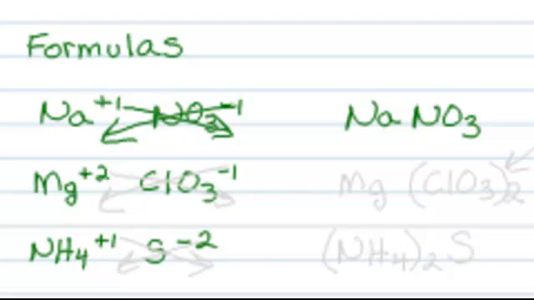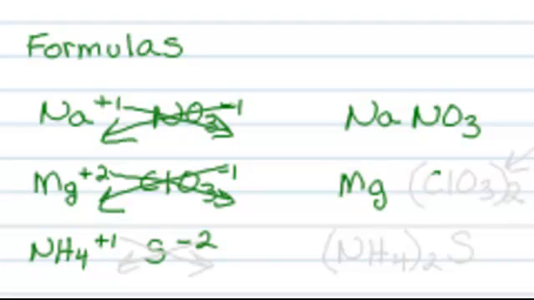Now the next one has a little bit of an extra step. Magnesium has a charge of +2, and ClO3 minus, which is chlorate, has a charge of -1. So you are going to still cross your charges.